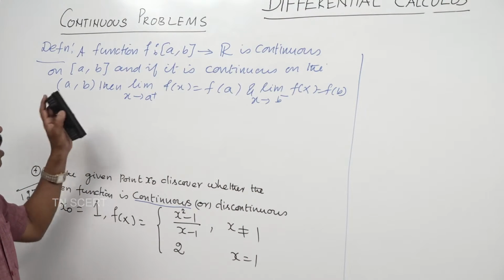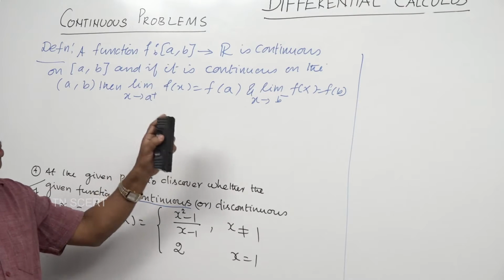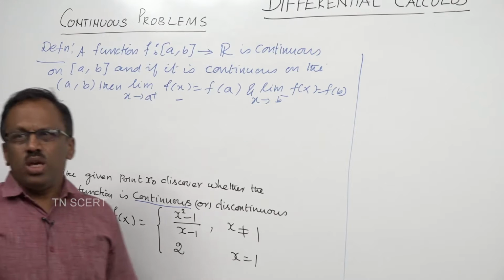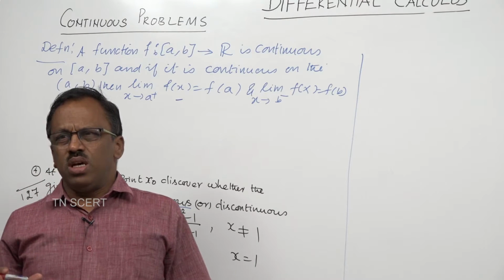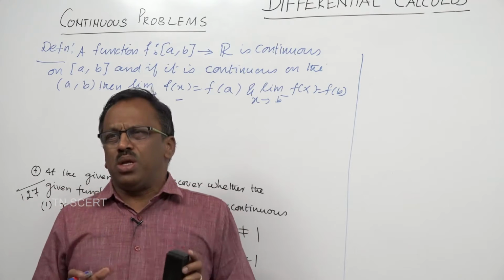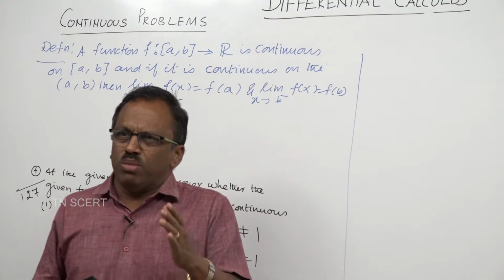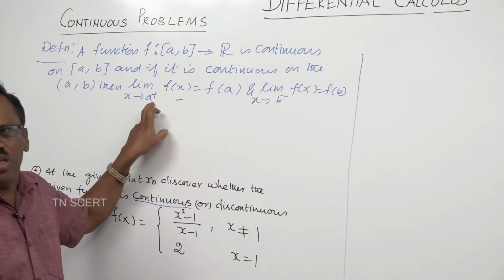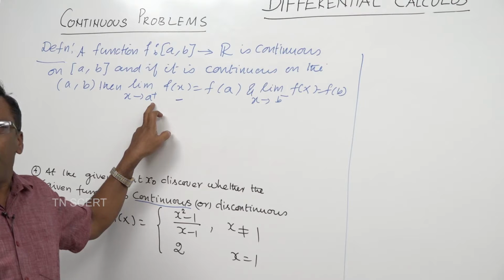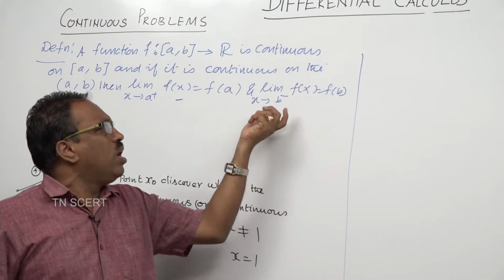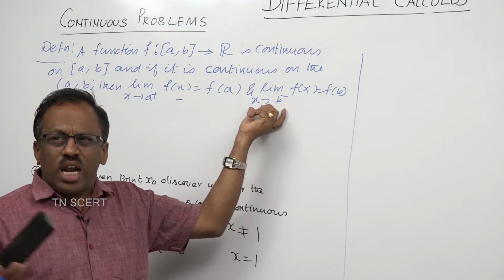This is what the continuous case is. So I wish to define continuity like this. If you know this concept, you can think about continuity. The continuity from the right at a means x tends to a plus, and x tends to b minus is the continuity from the left at b.